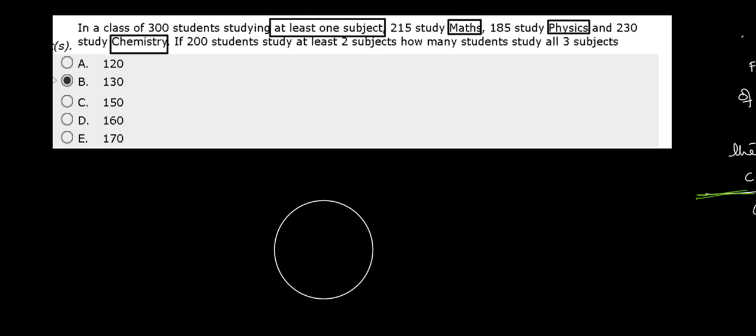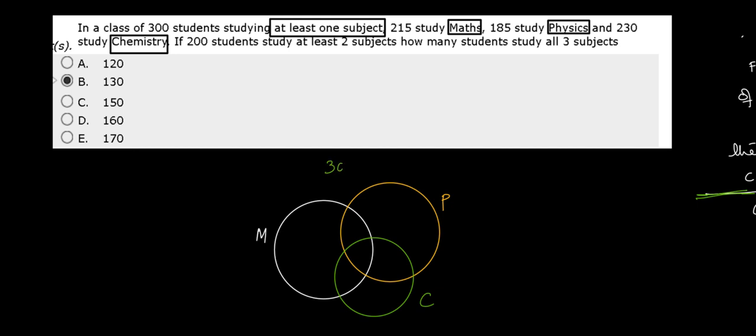So let us denote this by a circle. This is a circle for maths. Similarly, I have a circle for physics and a circle for chemistry. And the total of this is 300.